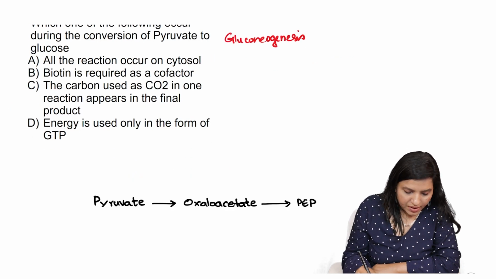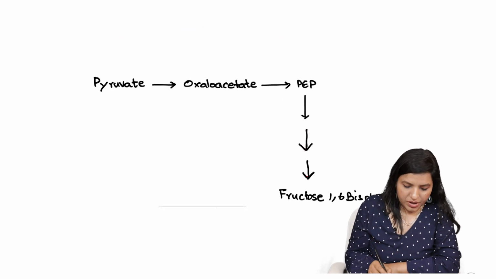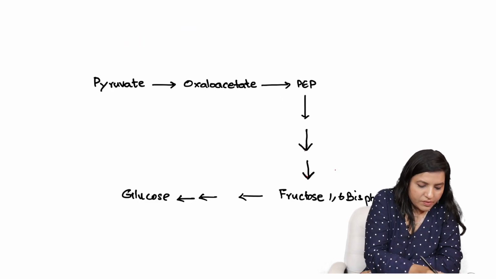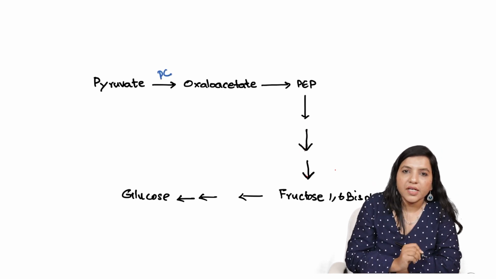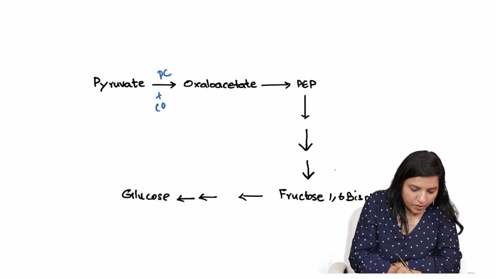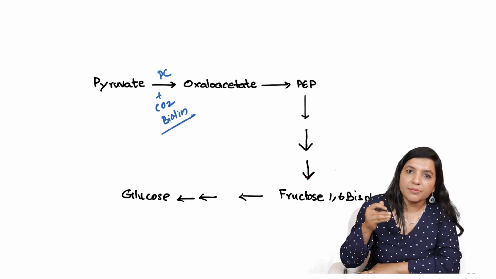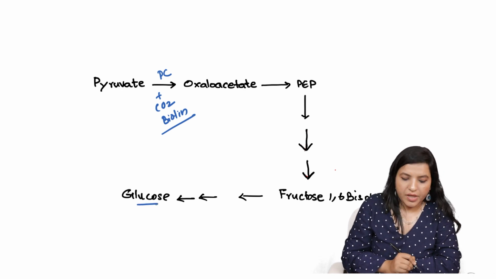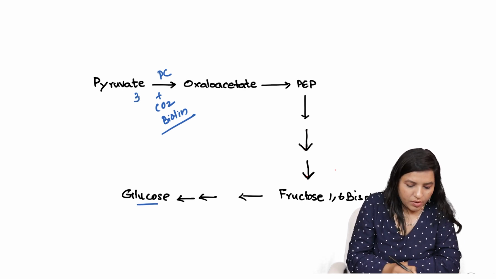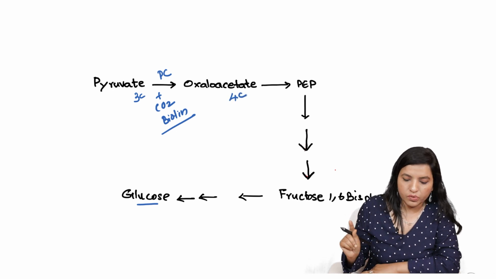So, if we see the reactions, I have given a rough skeleton of gluconeogenesis. The option 1 was saying that is about the pyruvate carboxylase. In this reaction, we know a carbon dioxide is added and biotin is required. Then one option was saying a carbon that is added is coming in the final product glucose. No, it is not like that. This 3 carbon compound is converted to a 4 carbon compound by one of the key enzymes of gluconeogenesis.